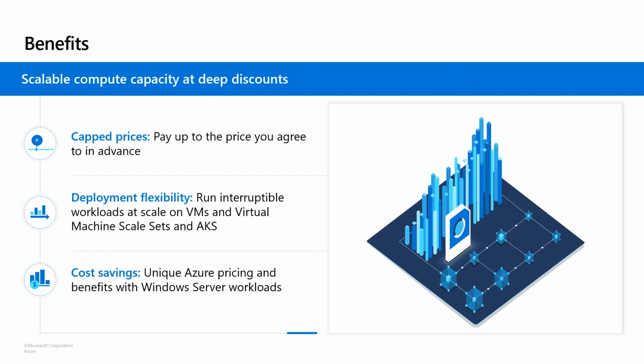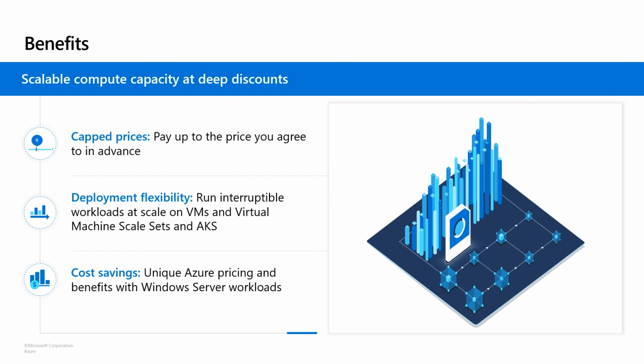Let's look at some of the benefits of Spot VMs. The prices for Spot VMs are capped, which means that you never pay more than what you define. If the Spot VM is priced at 50 cents, you will be charged 50 cents, even if you've defined the price as $1. You can use all the existing deployment technologies with Spot VMs, so you have great flexibility in how you deploy them.